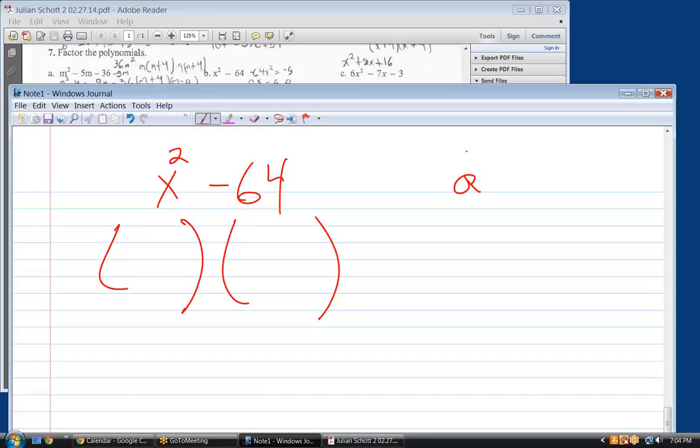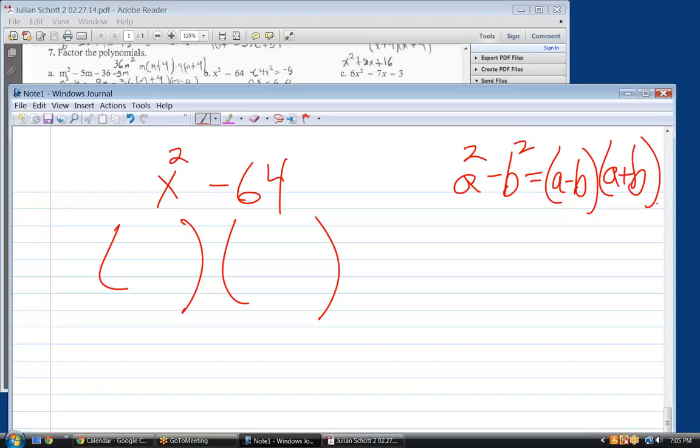This is a squared minus b squared, which always factors into a minus b times a plus b. What is a in our problem? X squared. Just x. See why? What's b? 64. Minus 64. 8.